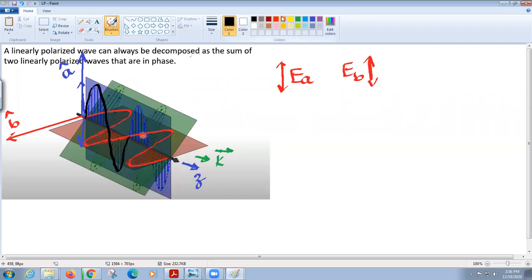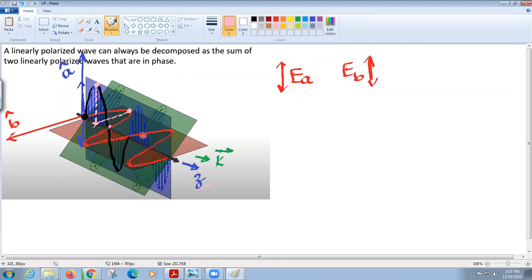Now you focus here. Let me take this black again. At this point, EA is equal to 0, EB is also 0, because both are starting at this point. By the time you reach here, at this particular Z, EA is maximum, and EB is also maximum.